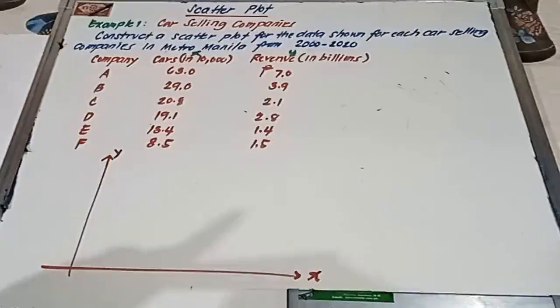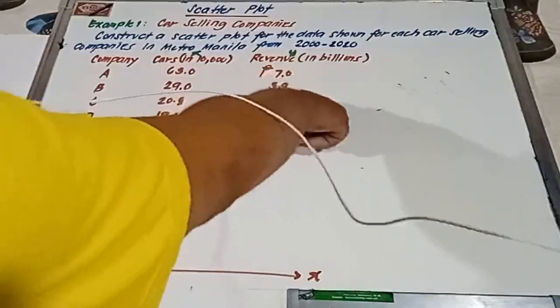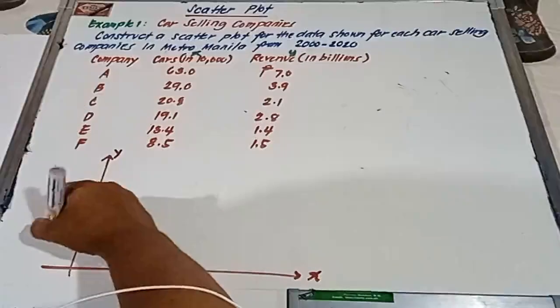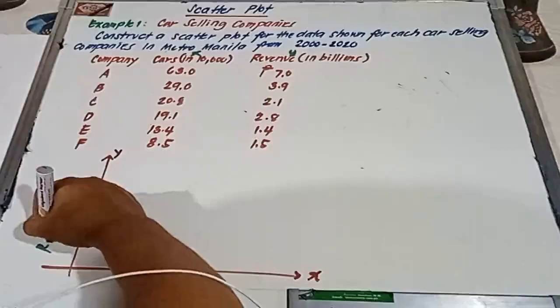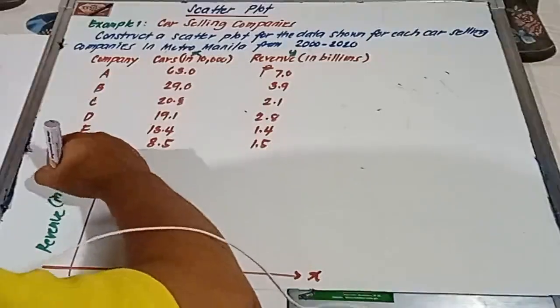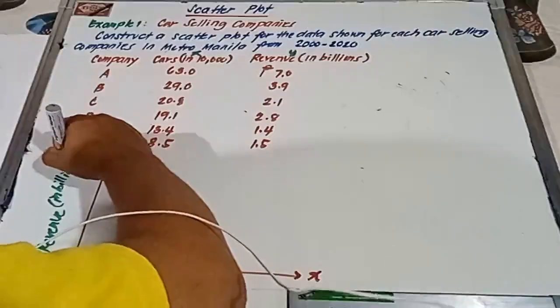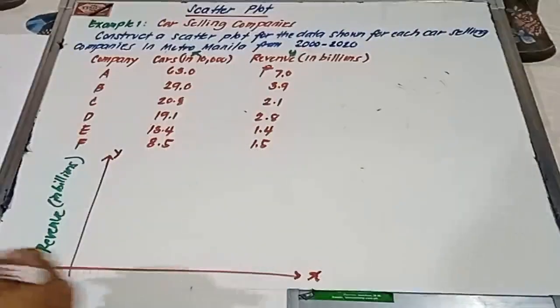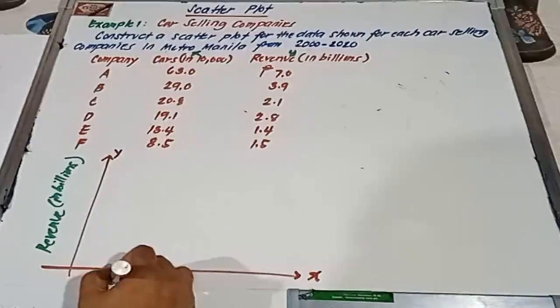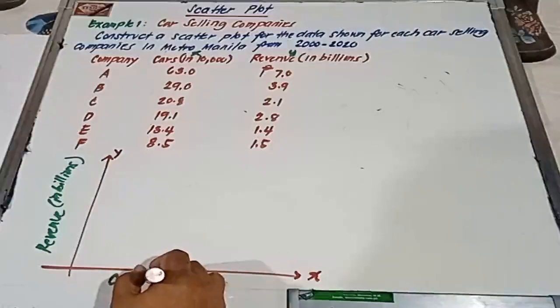So, lagyan natin ng label. Yung Y natin, yung revenue. So, ito yung revenue in billions. Patagilid. Revenue. This is in billions. And then, yung ating X-axis, ito yung number of cars sold. This is cars in 10,000.